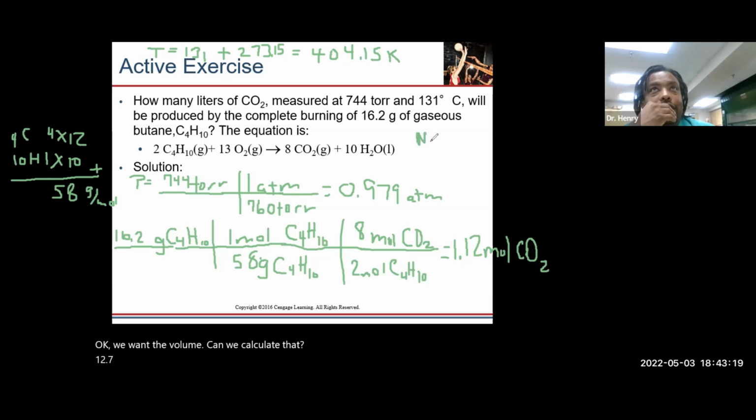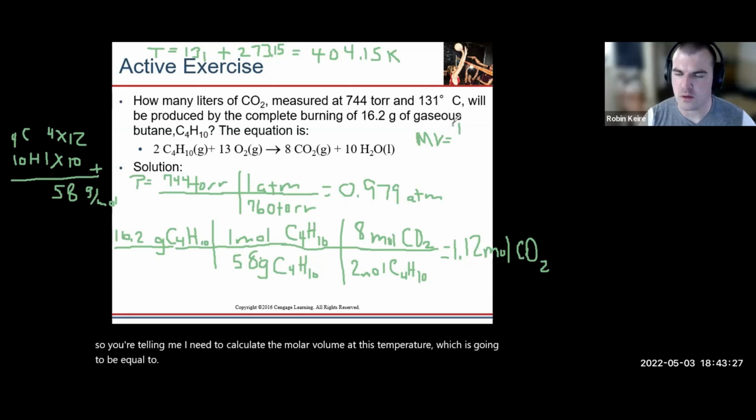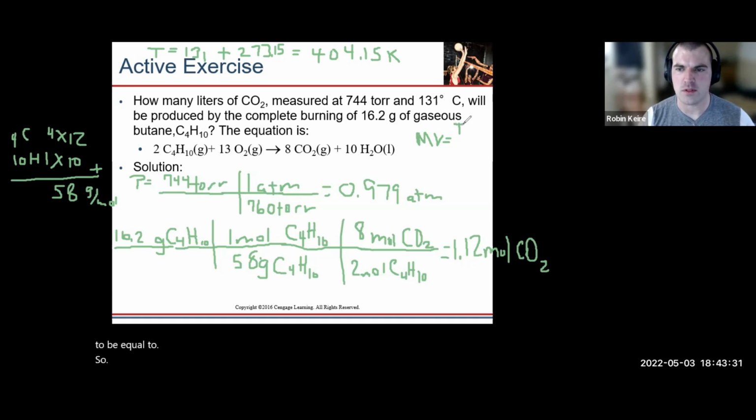You're telling me I need to calculate the molar volume at this temperature, which is going to be equal to 0.0821 times 404.15 Kelvin over 0.979 atmospheres.